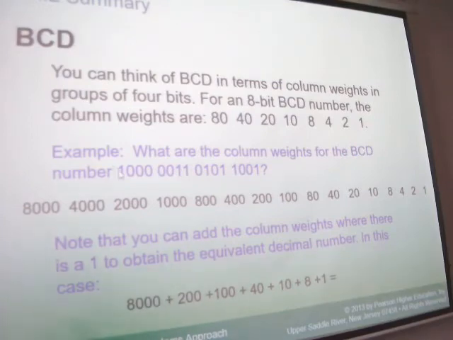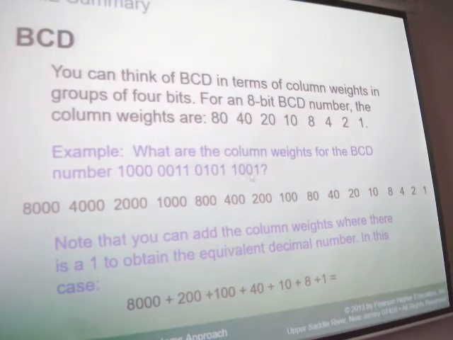How to translate this BCD number to a decimal number? It is complex. We should add: 8 plus 1 is 9.